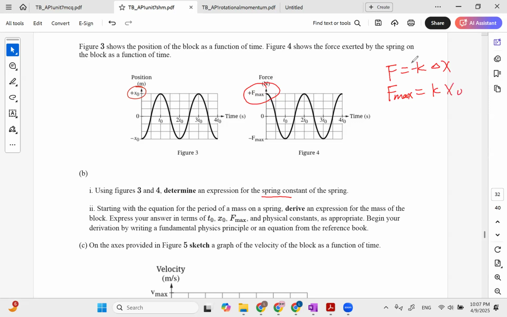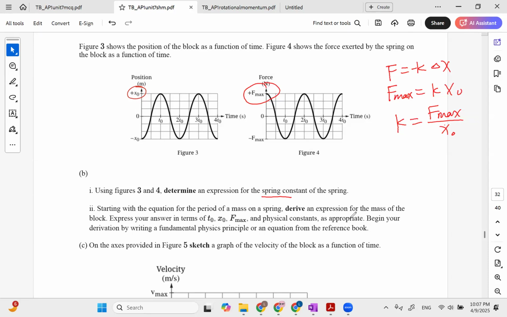Remember, you do have a negative. Negative is used to find the direction. So in this case, you are going to use absolute value, because k cannot be negative. k is always positive. You got it?